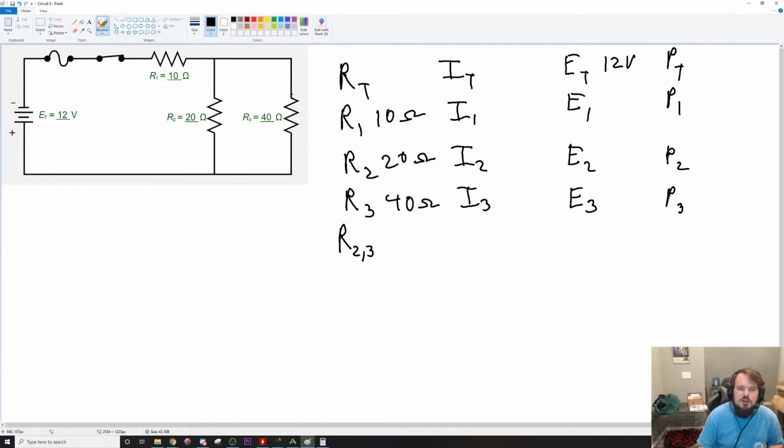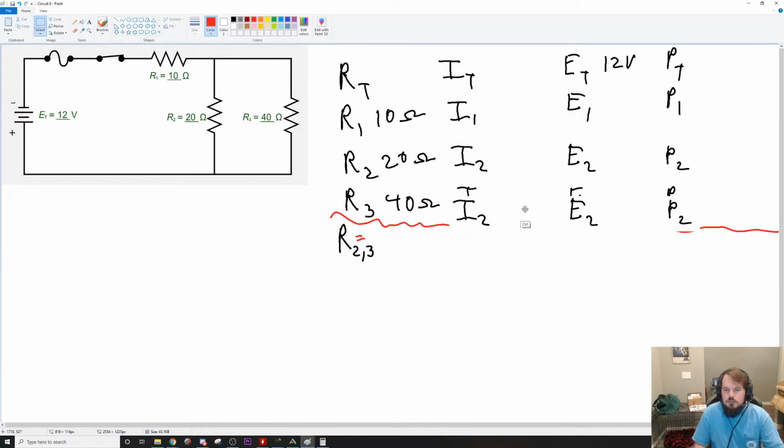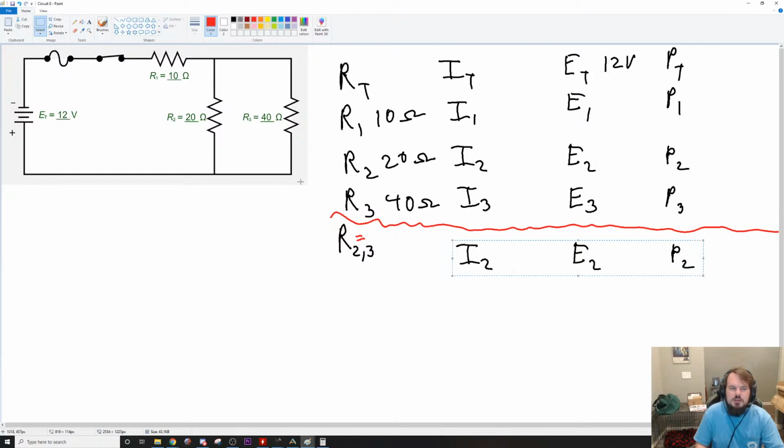So our first thing, we're going to combine R2 and R3. You want to separate these two rows. And let's work smarter.